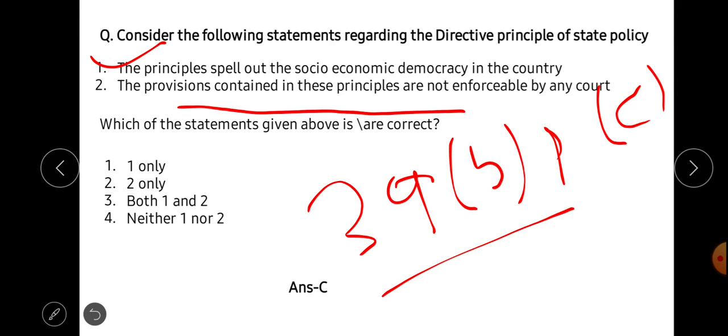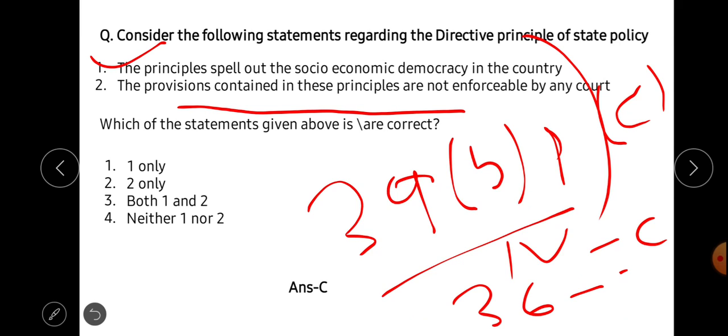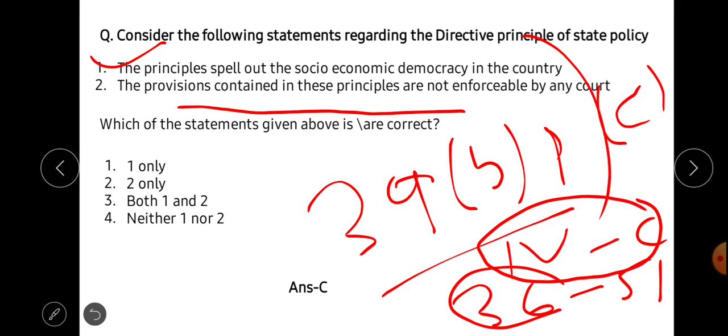The directive principles of state policy are contained in part 4 of our constitution, from article 36 to 51. Okay, now move to the next one.